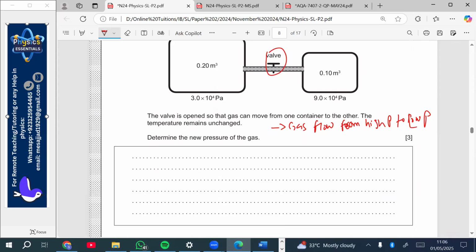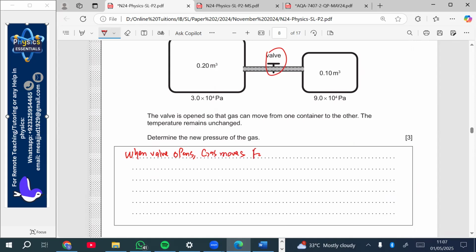So it will keep on flowing until P becomes the same on both sides. Okay, so you will say that once the valve opens, gas moves, and it is always happening the same way.